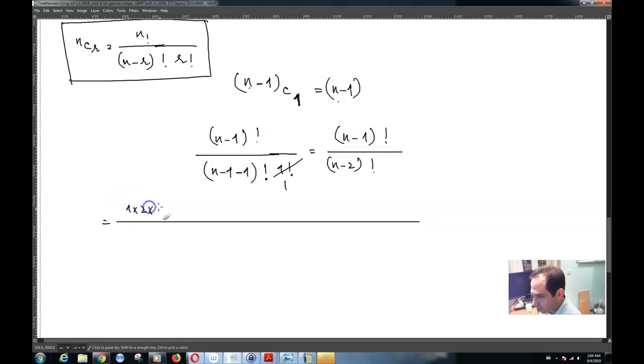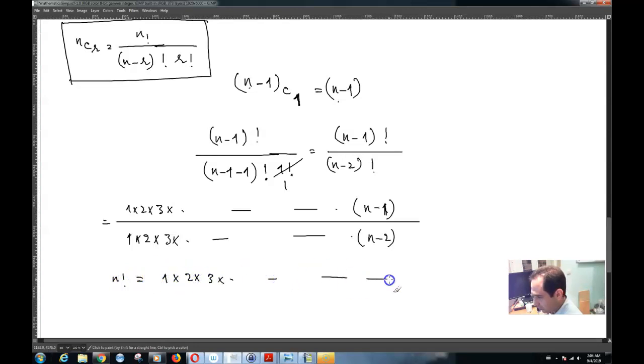Now n minus 1 factorial is the same thing as 1 times 2 times 3 all the way up to n minus 1. And n minus 2 factorial is the same thing as 1 times 2 times 3 all the way up to n minus 2. Before n, of course, you will always have n minus 1.